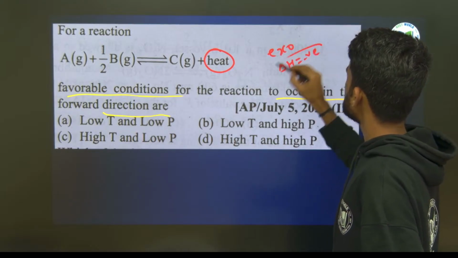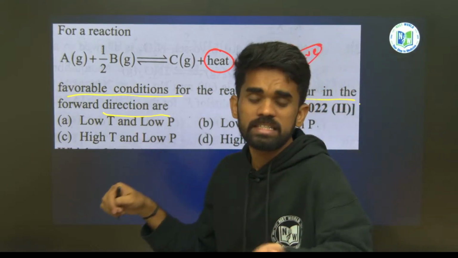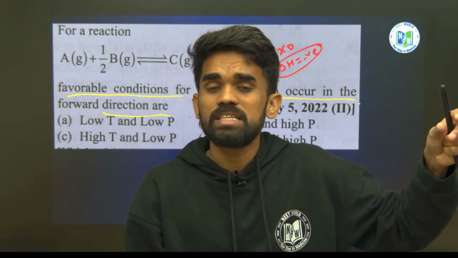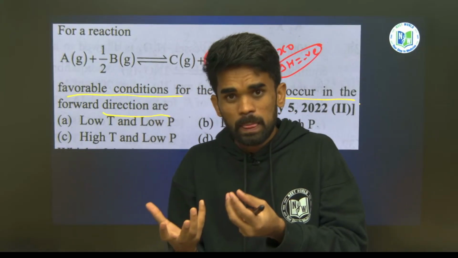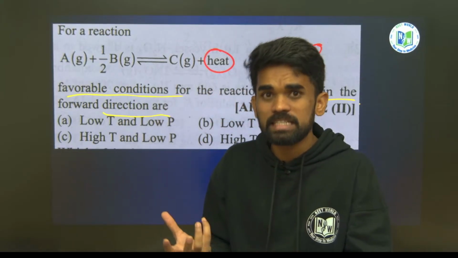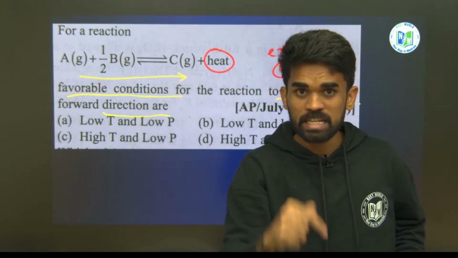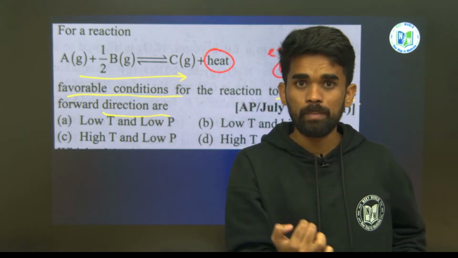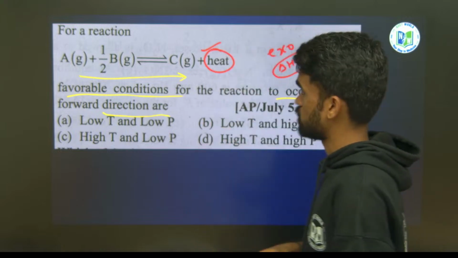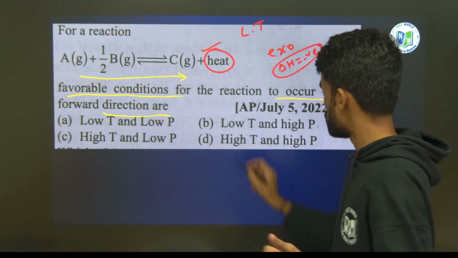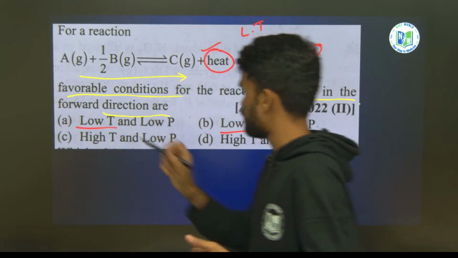Heat is releasing, which means the system's temperature is reduced. If heat is coming out of the system during the process, the temperature of the system decreases. So the forward reaction is favored by a decrease in temperature. I can say low temperature favors the forward reaction. So options A and B have low temperature.